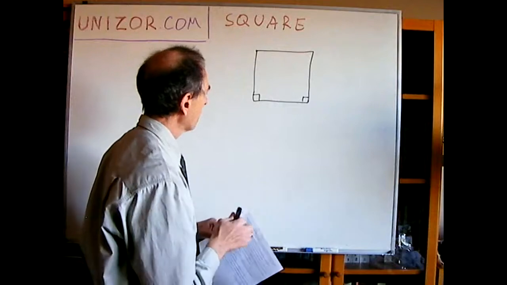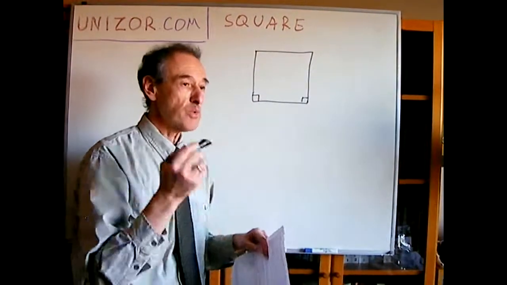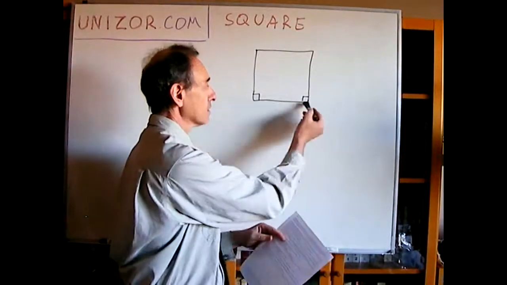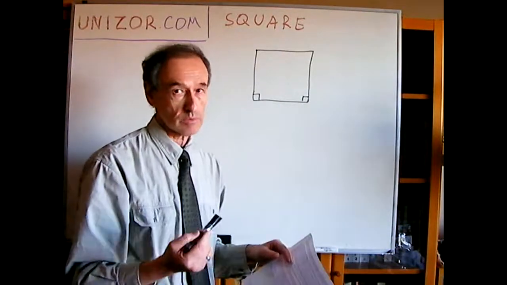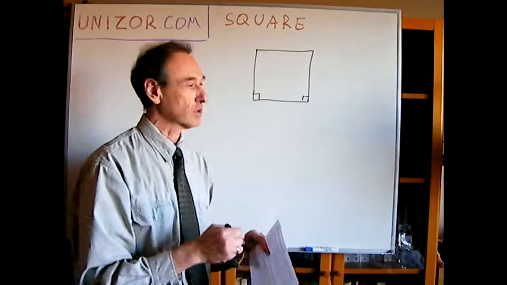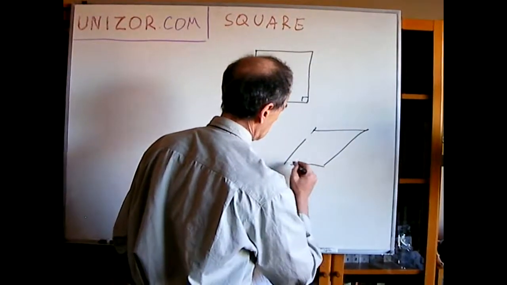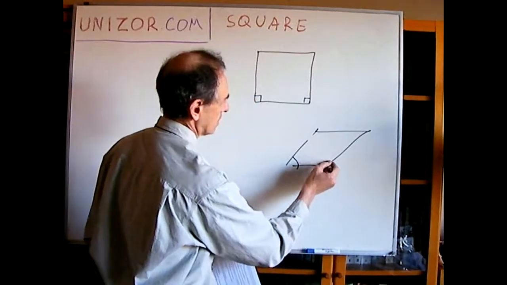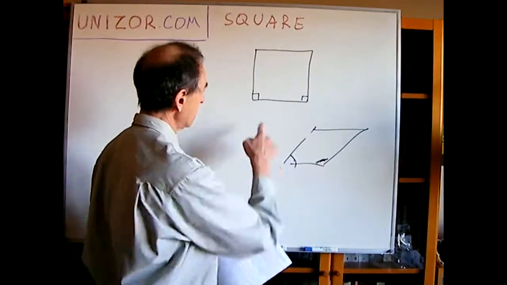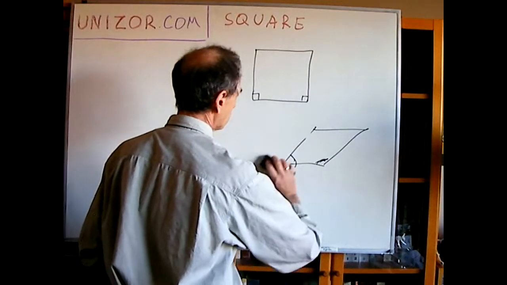Now, these two angles are supplemental. We know that the square has 90-degree angles, all of them. Well, 90 and 90 do supplement each other, so that's true. But the property itself is inherited from the parallelogram, because parallelogram has these two angles supplemental to each other, this one and this one. So these are also supplemental. All right, that's good. Let's move on.